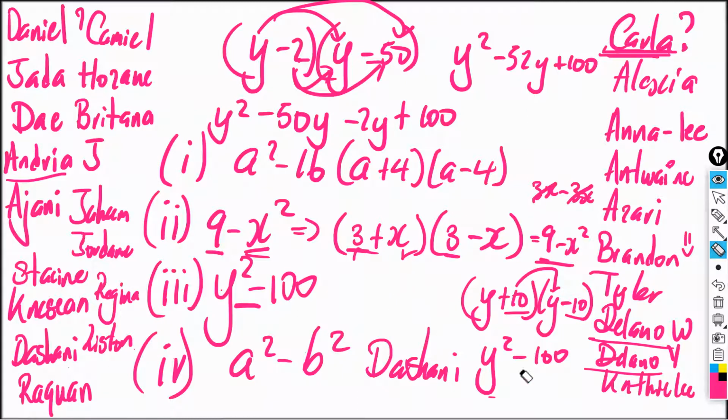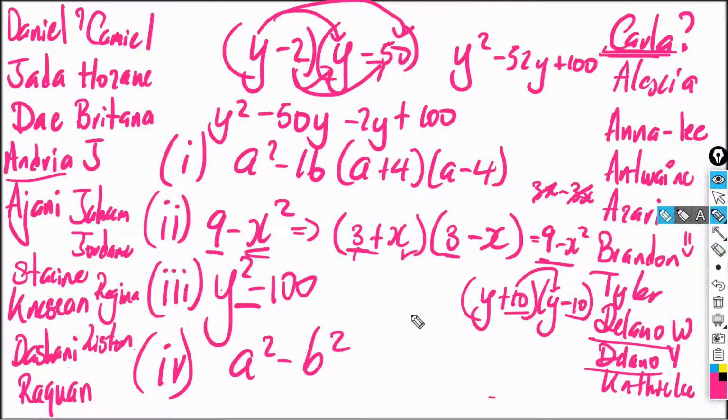All right. So Dashani, help me out with the last one now. This is the hardest one. Sir, is it negative b and positive b, sir? What do you put in the brackets?